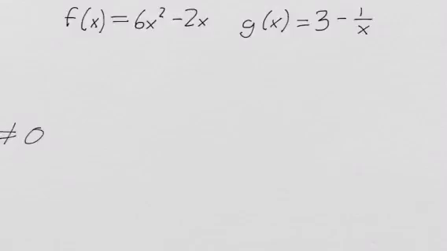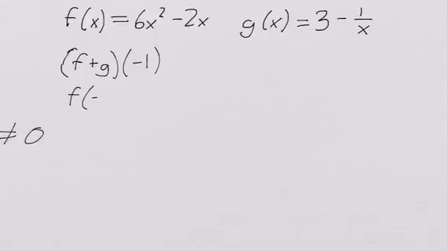First, I could look at f plus g of negative 1. There's two ways I can go about this. I'm going to show you one in this example, and then in the next example I'm going to show you the different method.